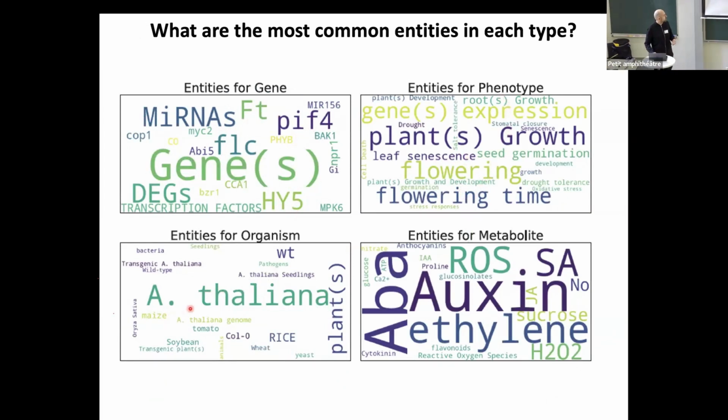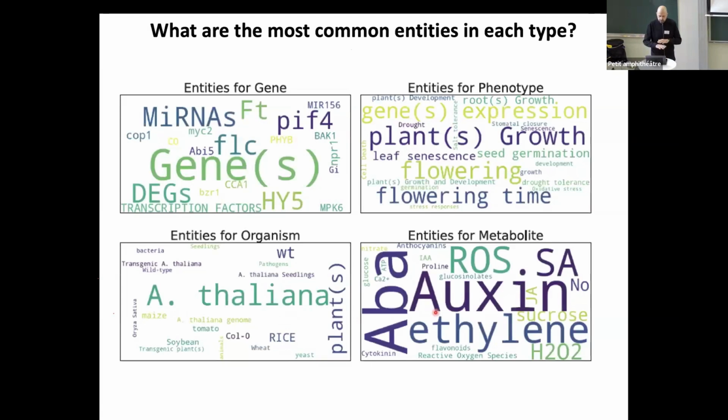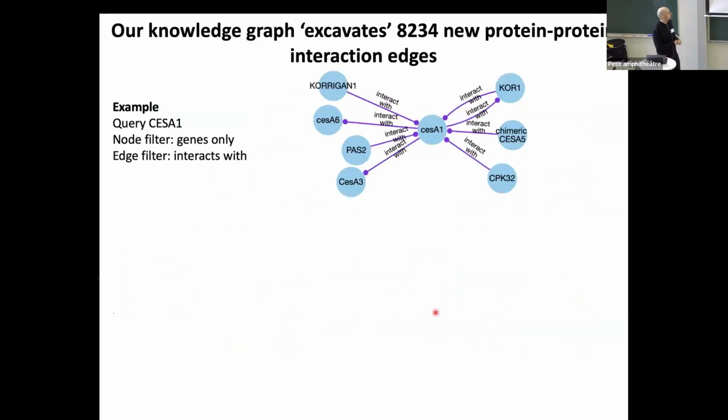For organisms, not surprisingly, Arabidopsis, but we also find rice, maize, and others. For metabolites, auxin is apparently a big thing, ethylene, reactive oxygen species, and so on. And yes, so this is just a description of the knowledge graph. So let's take a look at what else we could get.